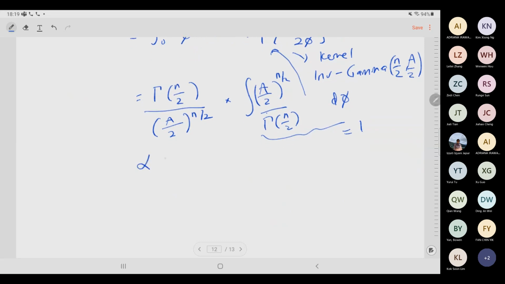So we have our A, is it A over 2? Right, so this is your A, S y bar minus mu, to the power of minus n over 2.